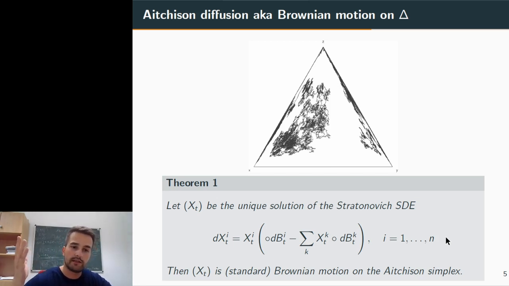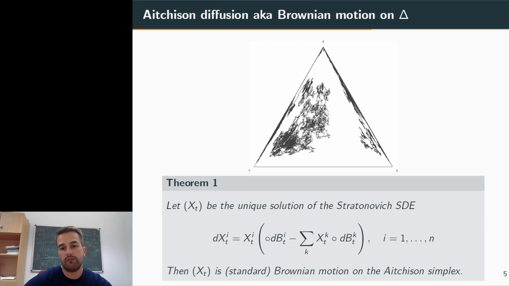Now standing alone, this theorem is probably not too interesting, but the crux, of course, comes if we combine it with a slide that we've just seen before. Because then what this theorem actually tells us is that if we consider replicator dynamics within a white noise fitness landscape, then this dynamic is going to perform Brownian motion on the Aitchison simplex.